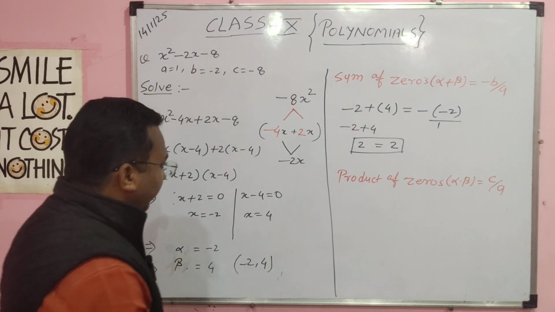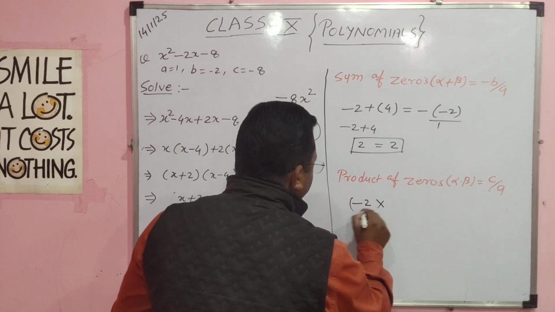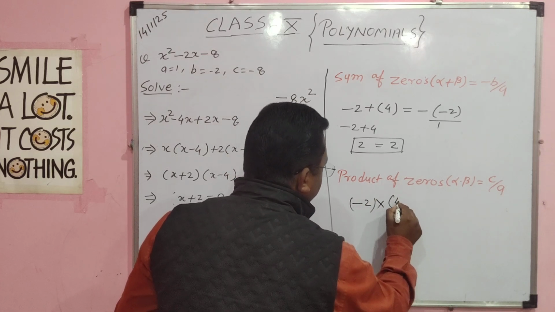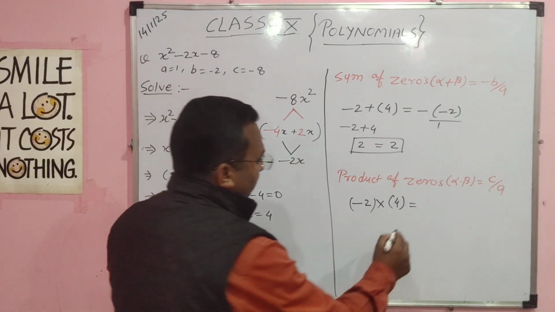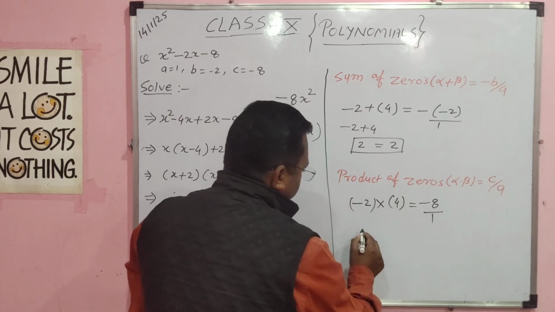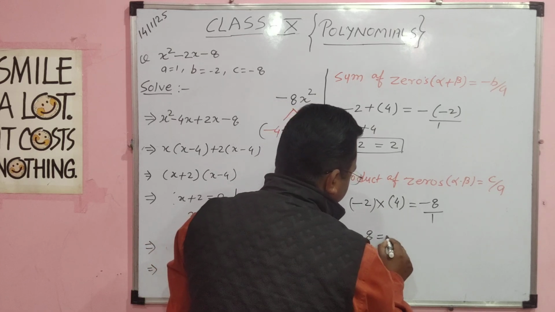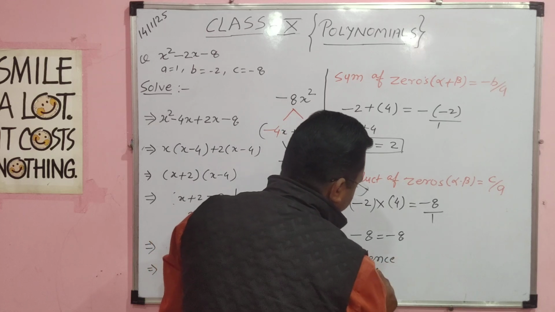So alpha is minus 2 and beta is 4, and c in the equation is minus 8, so minus 8 upon 1. Minus 2 multiply 4 means minus 8, equal minus 8, and hence proved.